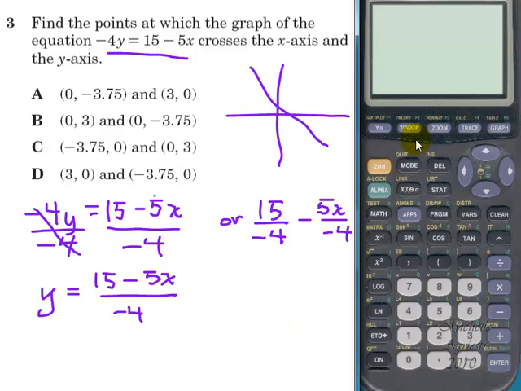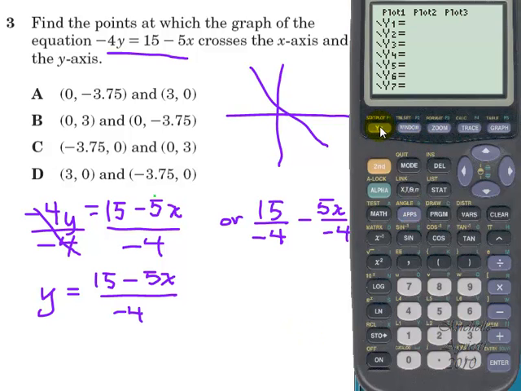Let's put it in the calculator. And when I put it in like this, I have to have parentheses on my numerator, divided by negative 4. And we can graph that.